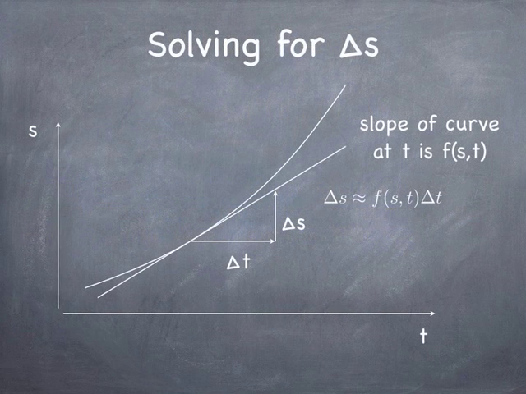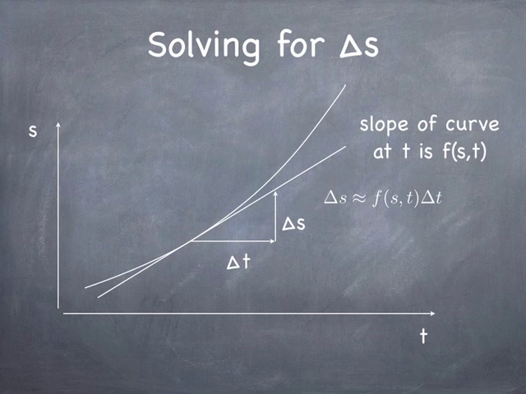And you can think of it graphically this way. f(S, t) is just a function that tells us the slope of S as a function of t. And if we know S now, then we can predict what S is going to do in the future. Now, clearly, what we're doing here is extrapolating.